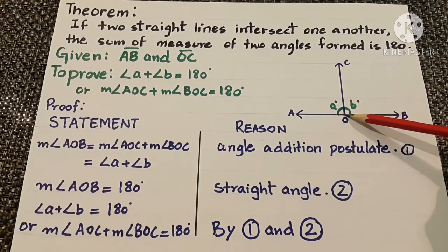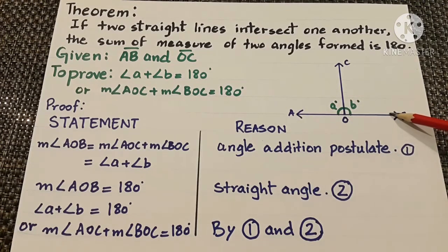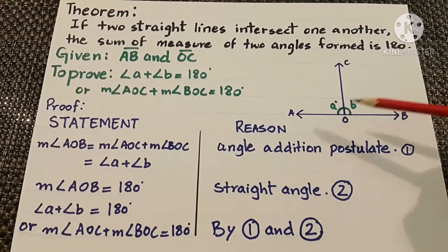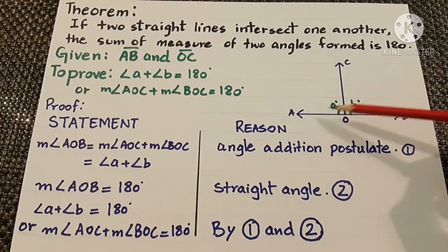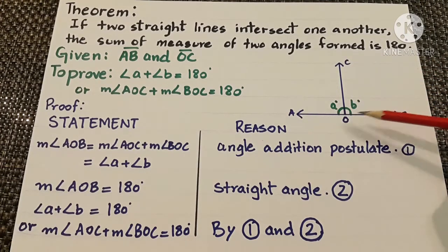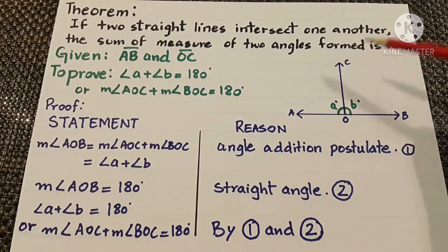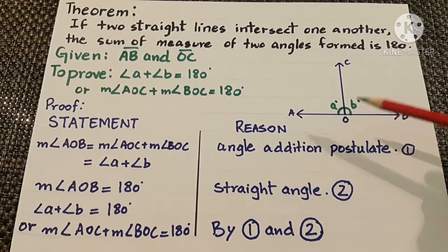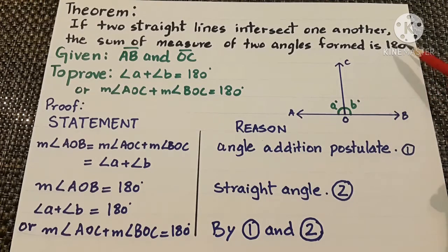We name it as point O. AB is one straight line, and OC is another straight line, and they are intersecting each other at some point, that is O, and this is given in the statement of the theorem. Now, what we have to prove is that the sum of the measures of the two angles formed is 180 degrees.